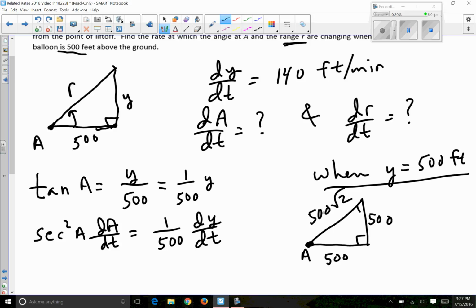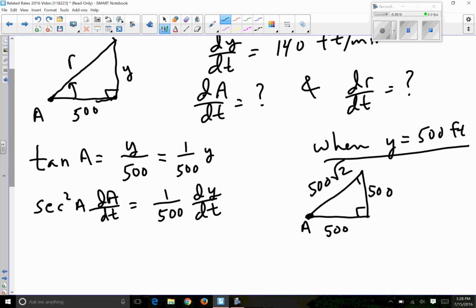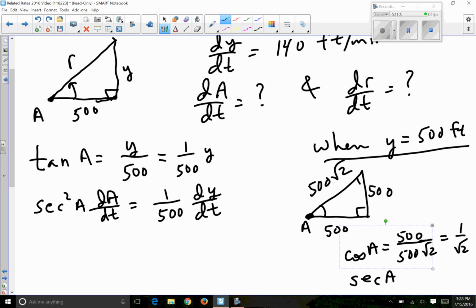You should use the Pythagorean theorem to see how I got that. So when y is 500, the cosine of this angle is adjacent over hypotenuse. Cosine of an angle in a right triangle is adjacent over hypotenuse. So the cosine of this angle is 1 over radical 2, which means the secant of this angle is the square root of 2 over 1.